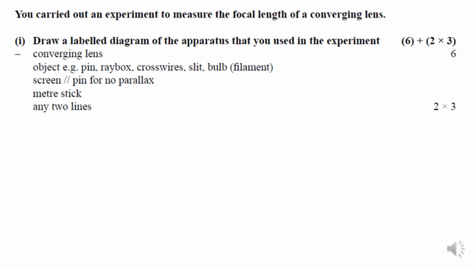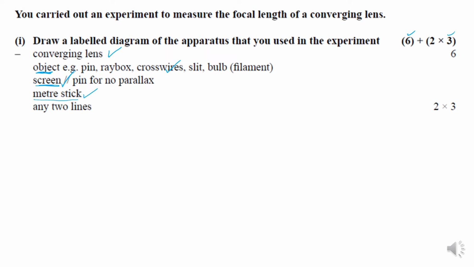12 marks in total. They're given out in one bunch of 6 and 2 3s. Alright, converging lens, did we include that? Yes, we did. So we used the lens, not the mirror. Did we include our object, which is like a cross wires? Yes, we did. Okay, did we include a screen? Yes, we did. Okay, and a method of measurement, the meter stick, or we had our graduated bench.